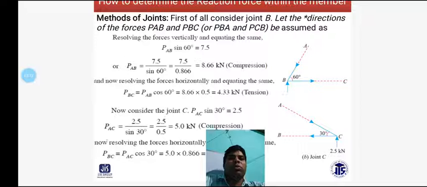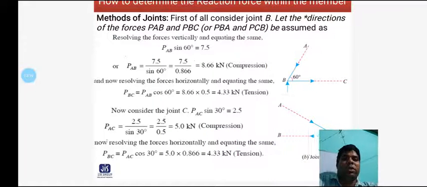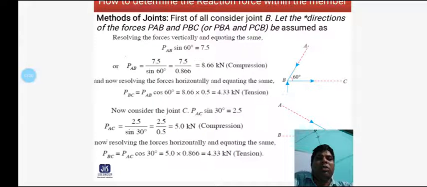So PAB is equal to 7.5 by sin 60, that means 8.66 kilonewton in compression. Now resolving the forces horizontally and equating the same, PBC is equal to PAB cos 60, that is equal to 8.66 into 0.5, that means 4.33 kilonewton in tension.